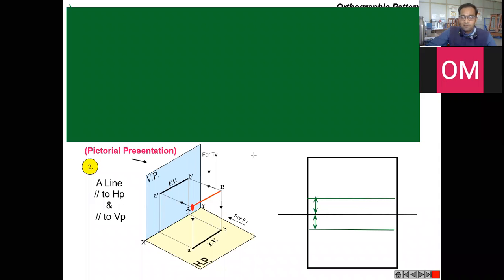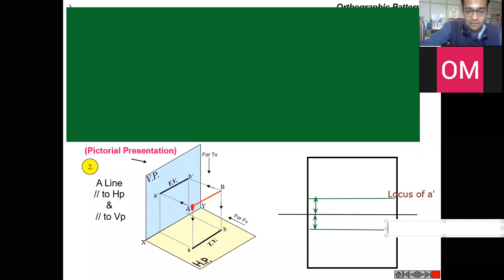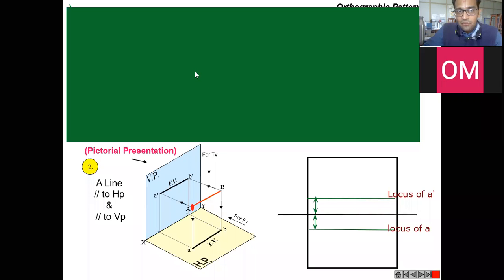Meaning point A's position in elevation and point A's position in plan. I am writing it over here. It is locus of A dash, and this line is representing locus of A, which is plan of line. And now what we'll do, we'll consider a point over here.